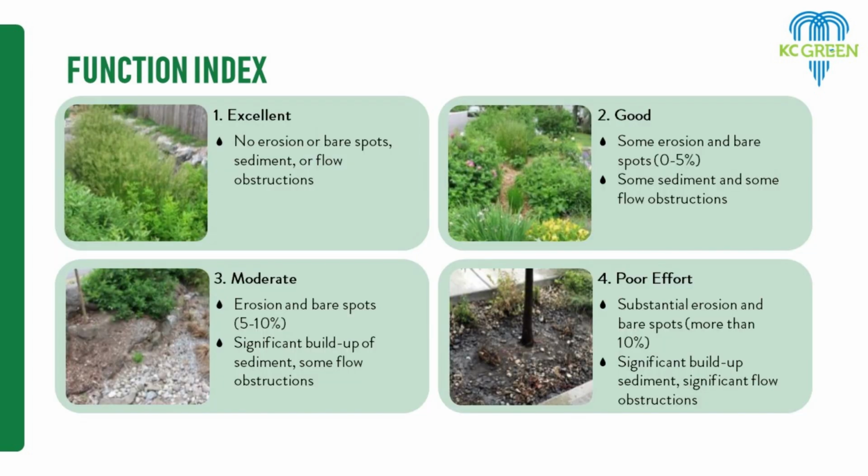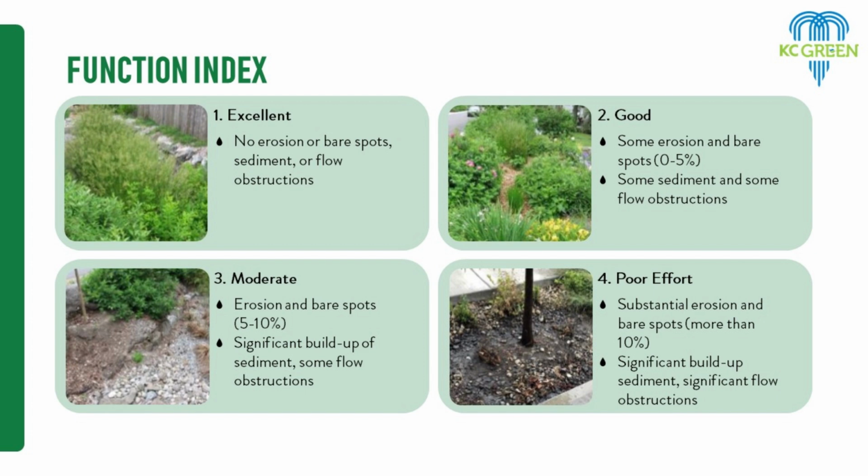So the last rating is regarding function. This looks at how water's flowing through the GSI. So you're looking for evidence of erosion or bare spots of the soil. And this is where you look for sediment buildup in the soil.